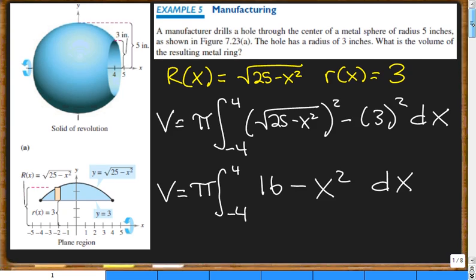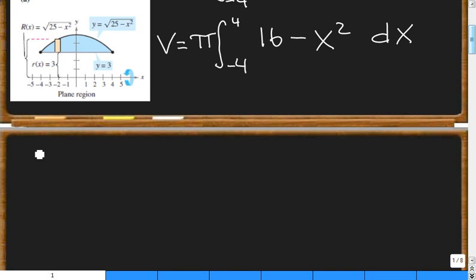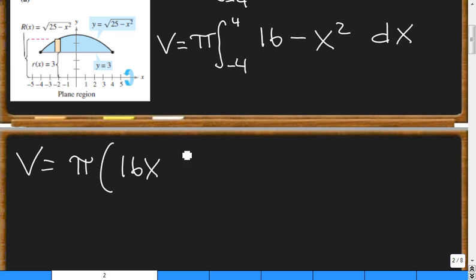Now we can go forward and evaluate. Our volume is going to be pi times 16 becomes 16x. Negative x squared becomes negative 1/3 x cubed. And we do this from negative 4 to 4.